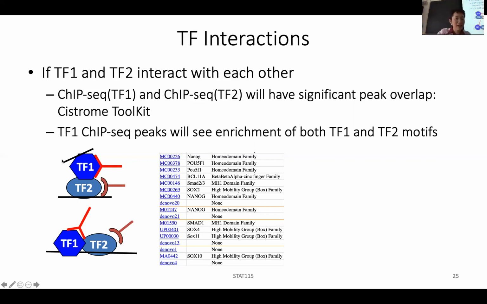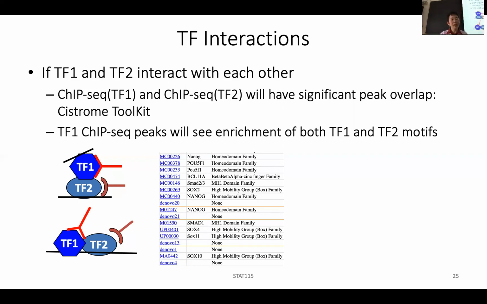But remember, here you can see if we do the NANOG ChIP-seq, yes, on the very top we see the NANOG motif, but then you see the SOX motif. You see SOX4, SOX11, SOX10, but there's also SOX2, SOX3, right? Which one is the one? Very often it's the SOX that's the highest expressed, that's interacting in this cell type with your NANOG of interest.